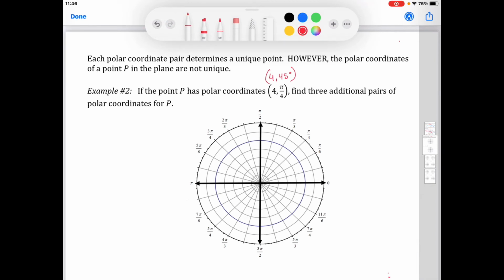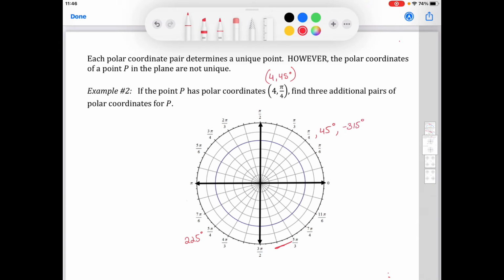Pi over 4 is 45, right? You can go around and label your angles in degrees. I'm going to just label this. This is 45 degrees, and across from it is what? 5 pi over 4, which is 225 degrees. But also these are if I go in counterclockwise direction. What if I go in clockwise direction?